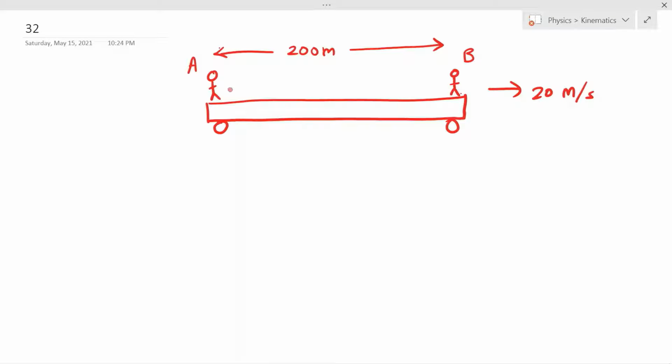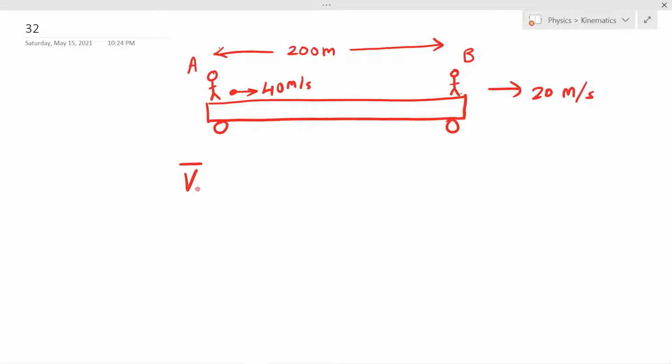Let's say this person throws a ball in this direction with a velocity of 40 meters per second. That is the velocity with respect to the trolley.